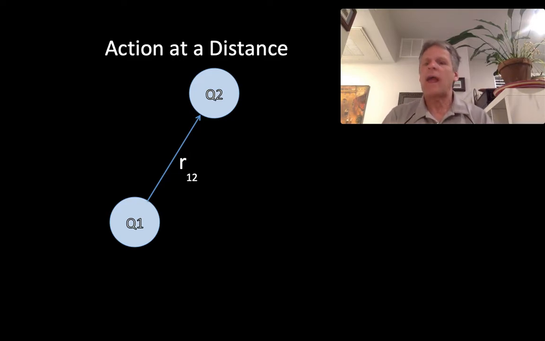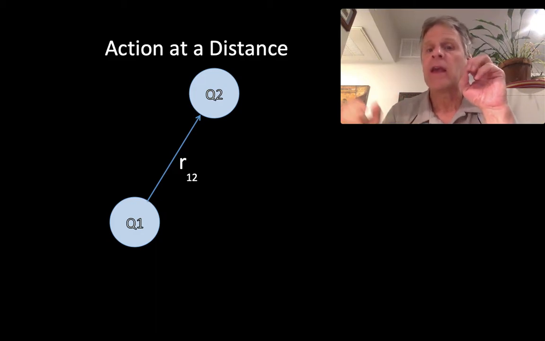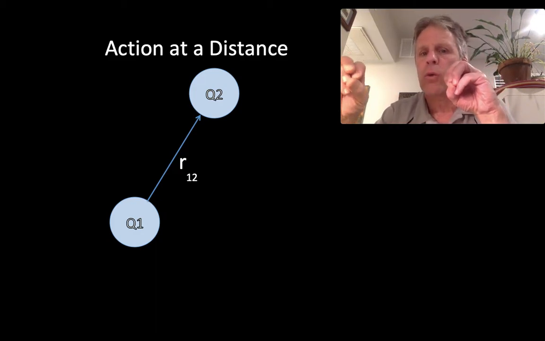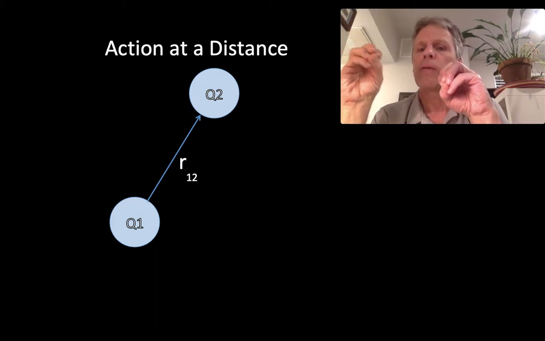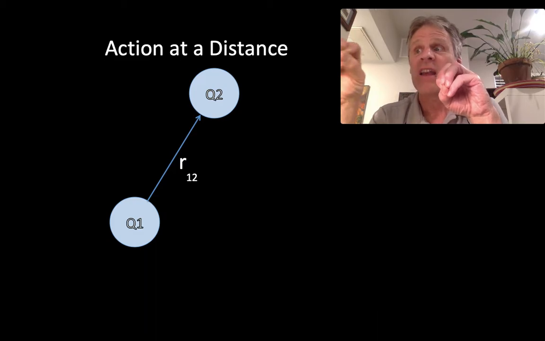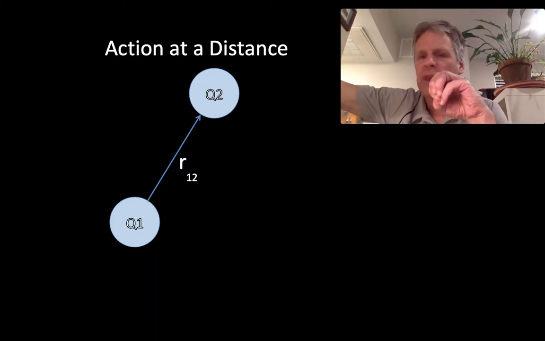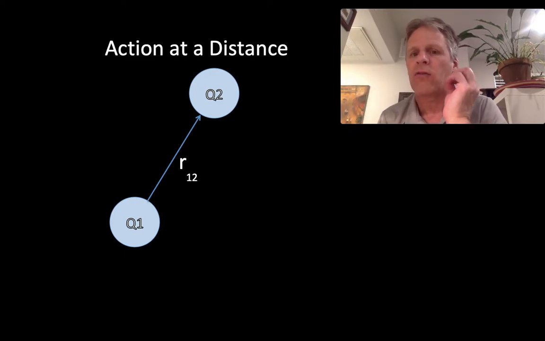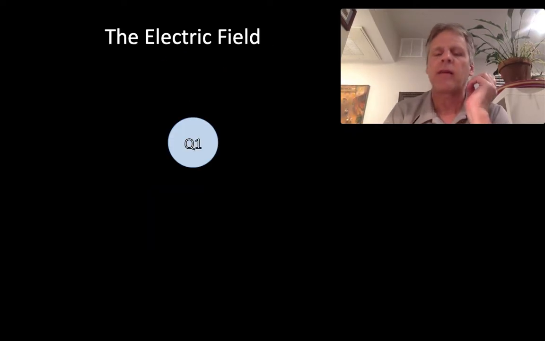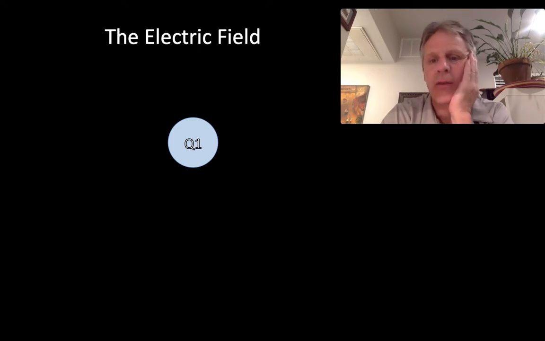So Q1 has some property, and if we bring a Q2 close to Q1, we can see that Q1 will exert a force on Q2. But even if Q2 was not there and there was no force being exerted, Q1 is doing something. And that something is something that we call the electric field.